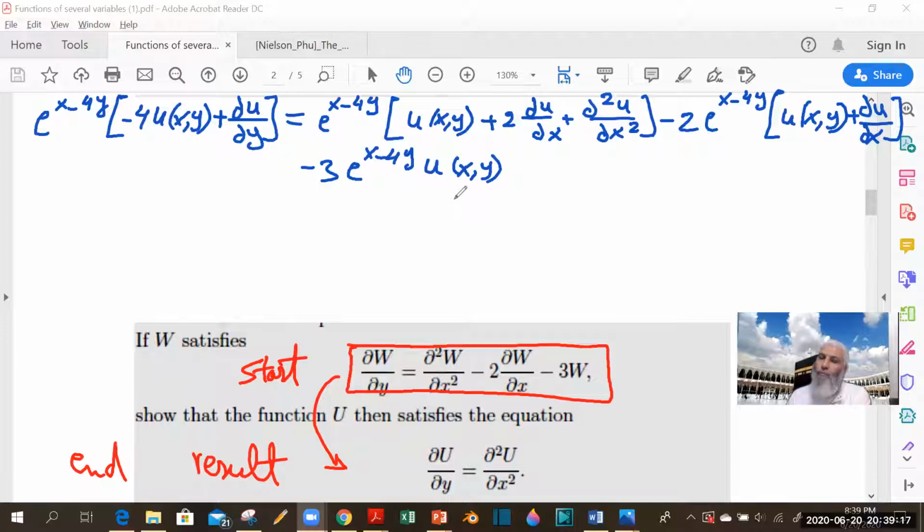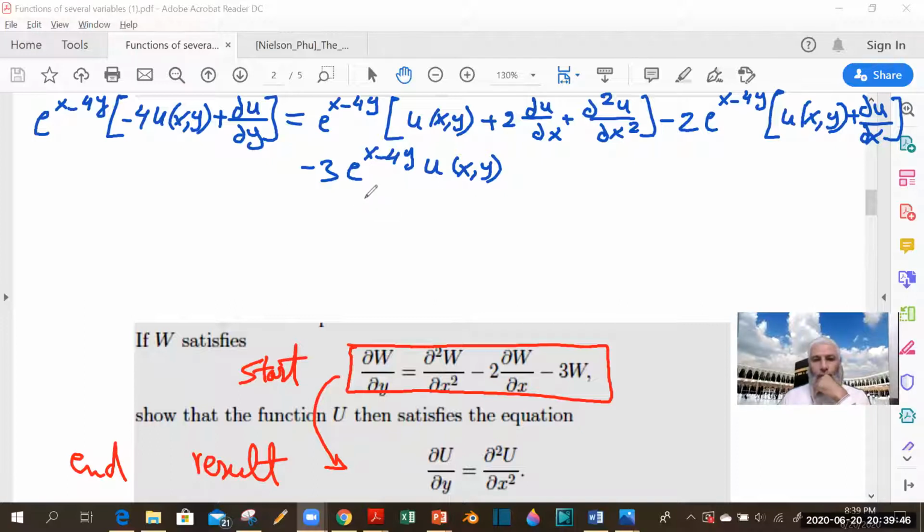I mean, you just put what we found previously into the positions given in the task, yes? Yes, we have dw dy, this part is dw dy, and equals d2w dx squared is this part, minus 2 multiply this part, which is dw divided dx, minus 3w, which is this.